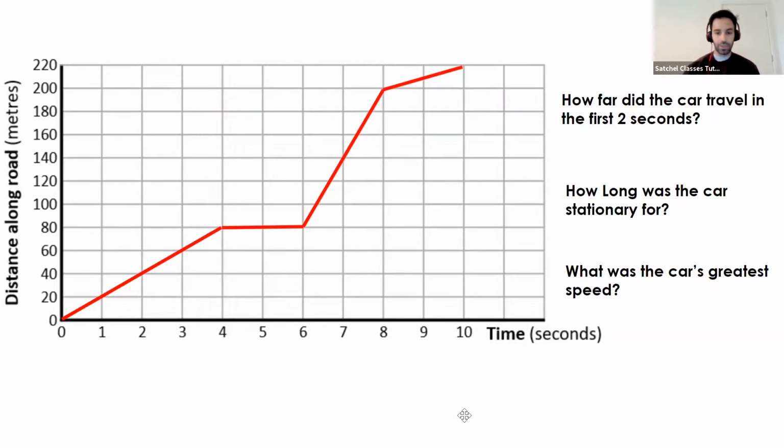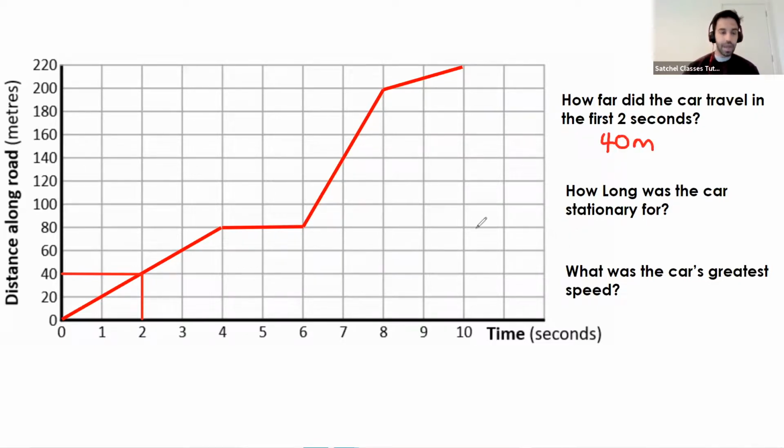So what we need to do here is draw a line at 2 seconds. If I annotate this, after 2 seconds, we have time on the x-axis. So after 2 seconds, the car traveled 40 meters.